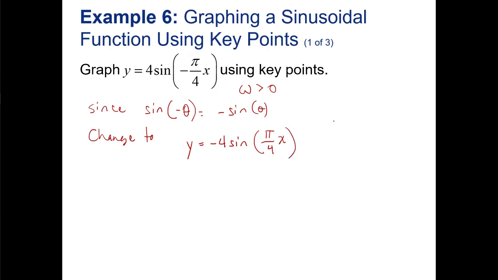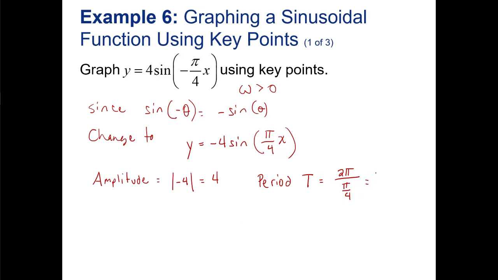Okay, so now we're going to find our amplitude. It's going to be the absolute value of negative 4. So 4 is our amplitude, and our period, T, is equal to 2 pi divided by omega, which in this case is pi over 4.